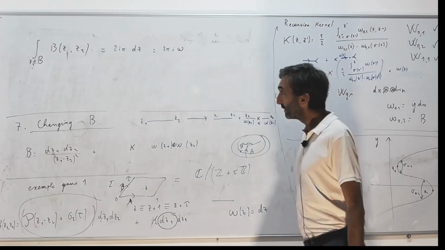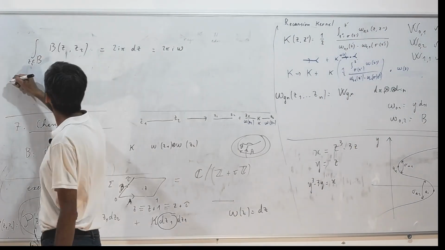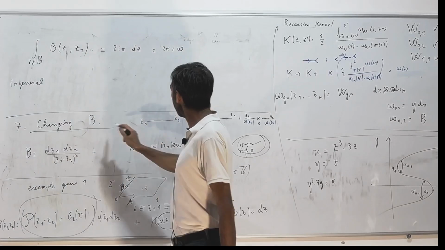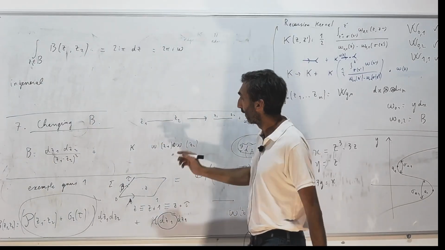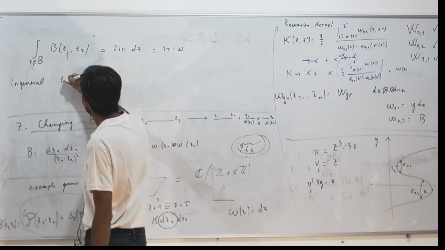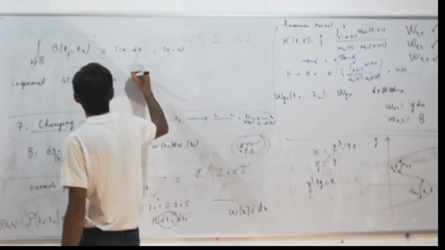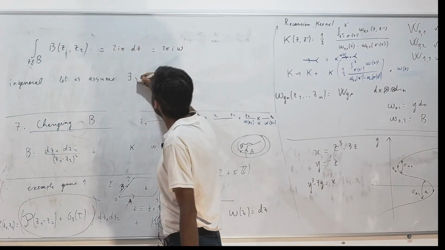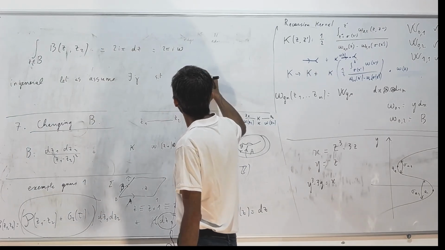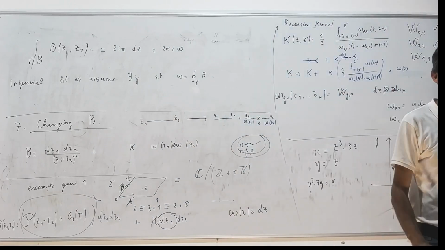So in general, let us assume that we have chosen an omega. When I do my change of B, as I told you, let us assume that there exists some gamma such that omega is the integral over gamma of B in one of the two variables, and then it's a one form in the other variable.